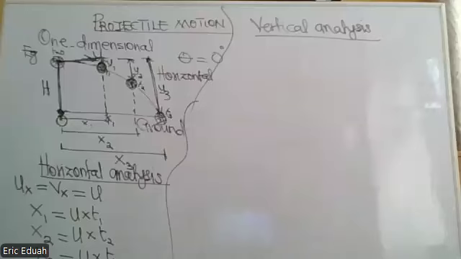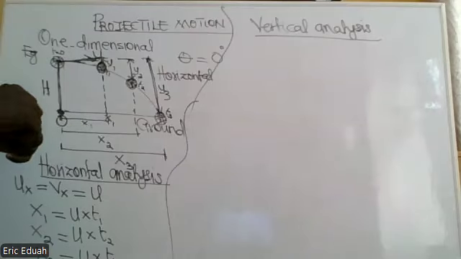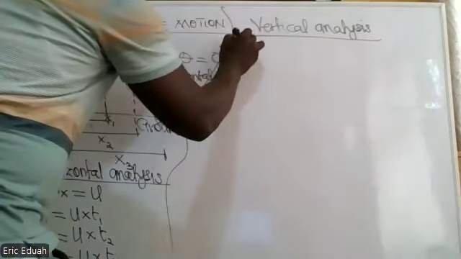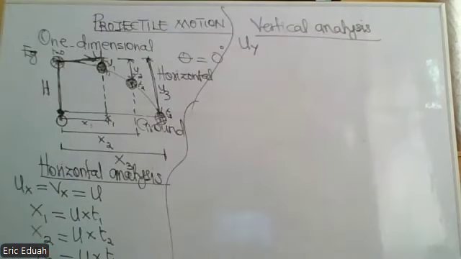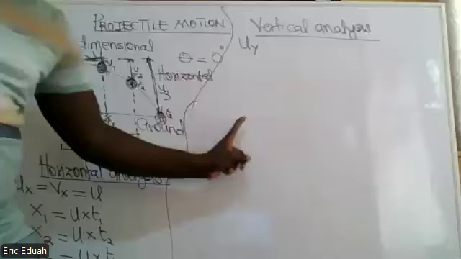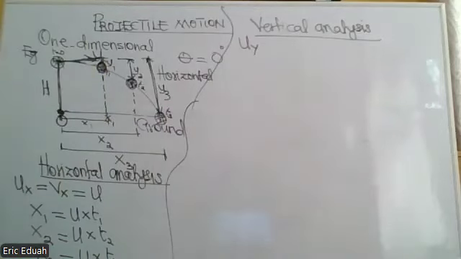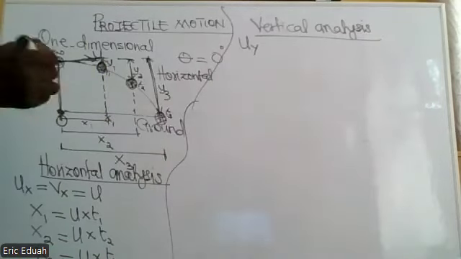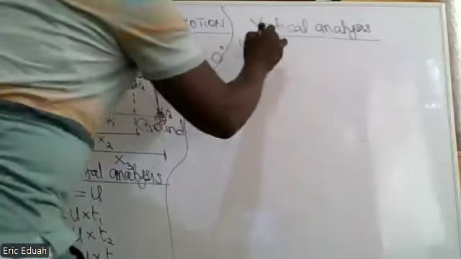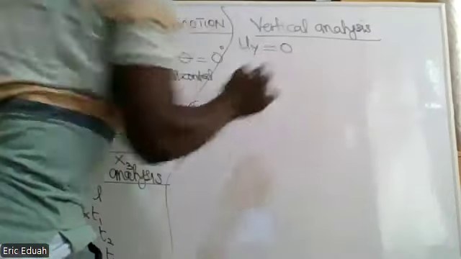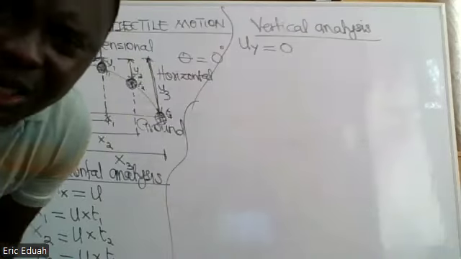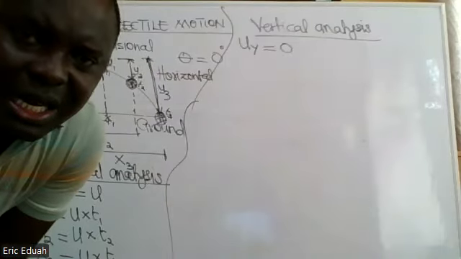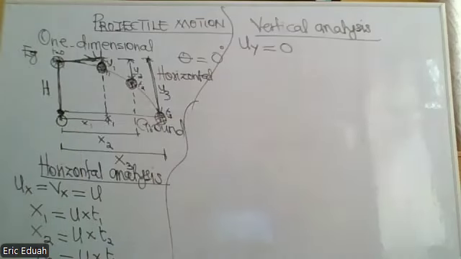Vertically, the initial velocity is equal to zero. We are representing anything vertical by the y-axis. So the initial vertical velocity is equal to zero. Can somebody tell us why the initial velocity is zero, Francis?